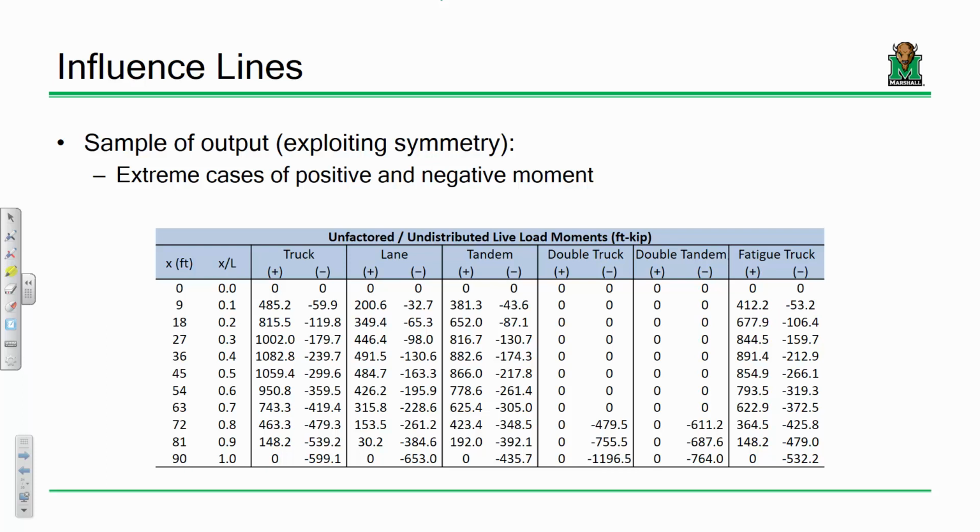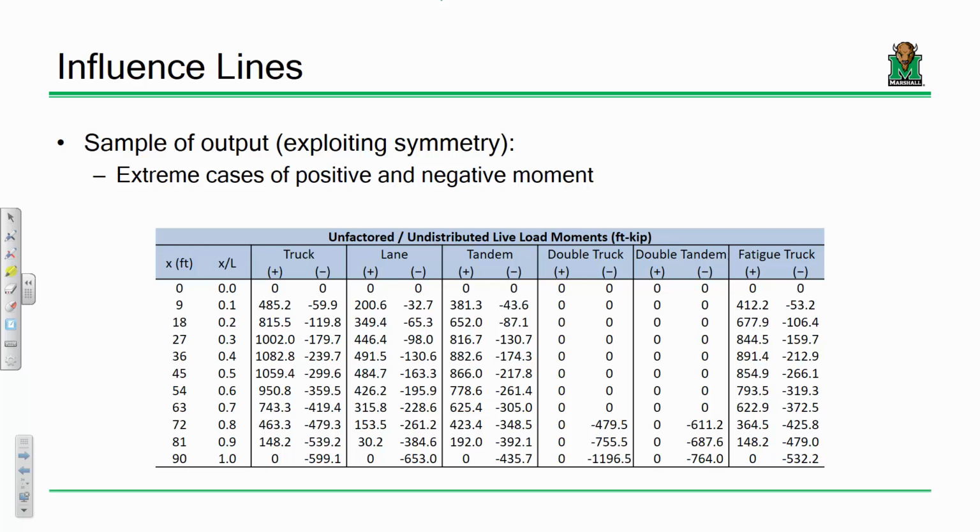What I have here is a series of columns. This is a very common output that you would get out of a program like LEAP or any product that does any type of bridge analysis. In this column, we've got the spans divided up into tenth points, so 0.1, 0.2, 0.3, 0.4, and so on.